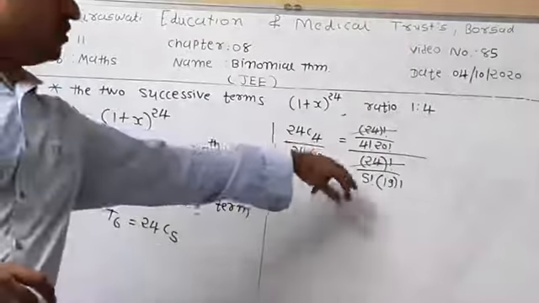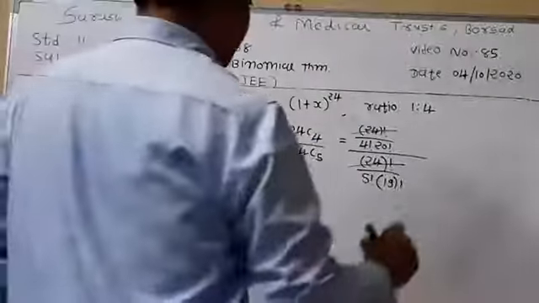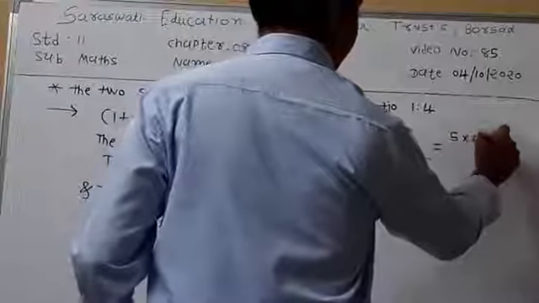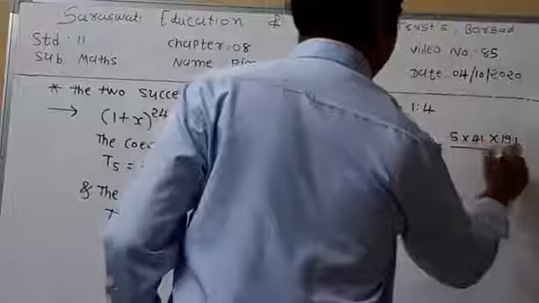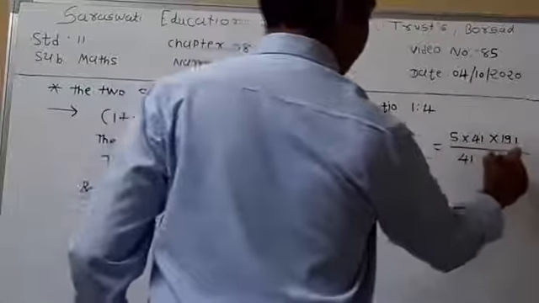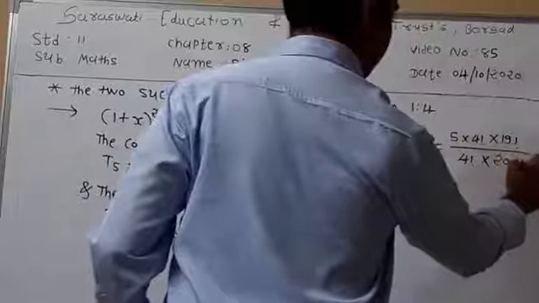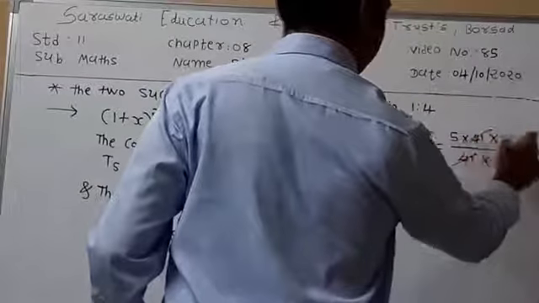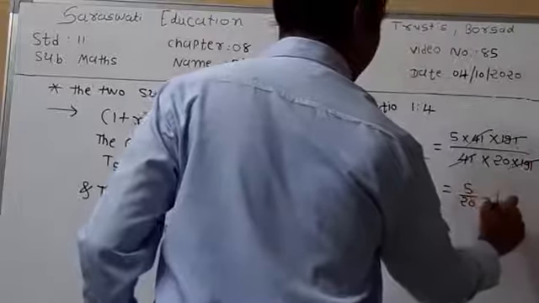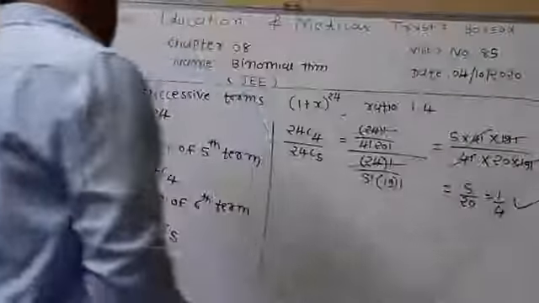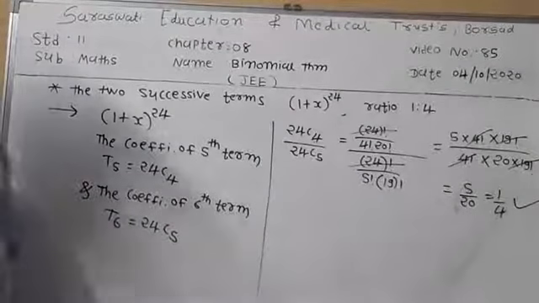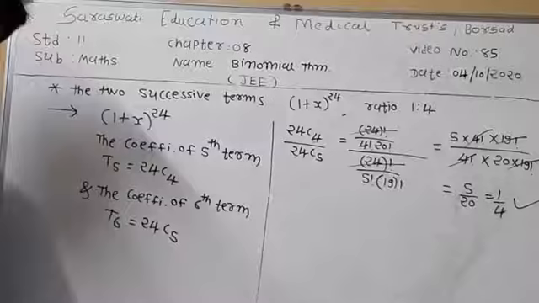Now the denominator term is written in the numerator, and in place of 5 factorial write 5 into 4 factorial into 19 factorial, upon 4 factorial and in place of 20 factorial write 20 into 19 factorial. 4 factorial cancels, 19 factorial cancels, 5 by 20, that means 1/4 is our answer. Okay, so here we get the ratio of the coefficients of the fifth and sixth terms.